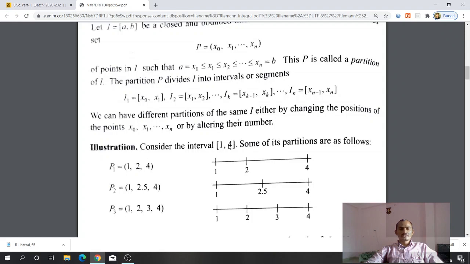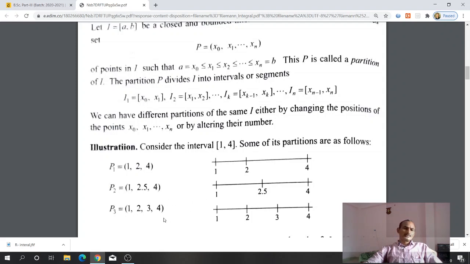And we have partitioned this closed interval of real numbers into two segments or subintervals: 1 to 2 and 2 to 4. Similarly, we have a second partition P2, in which we partition 1 comma 4 into two subintervals: the first segment is 1 to 2.5 and the other is 2.5 to 4.